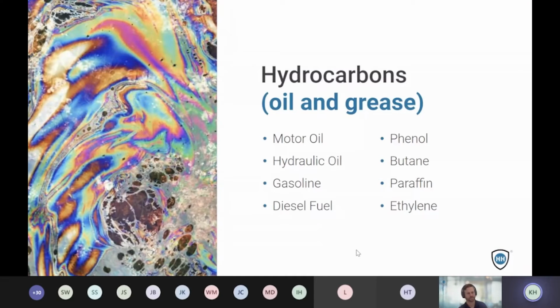It can cause the vegetation that's along the edges of a stream or a pond to just decay and rot and die. So a lot of problems can be caused by those hydrocarbons. So the more that we can do to keep those from getting into storm drains, into our streams and rivers, the better the stream is able to take care of itself.